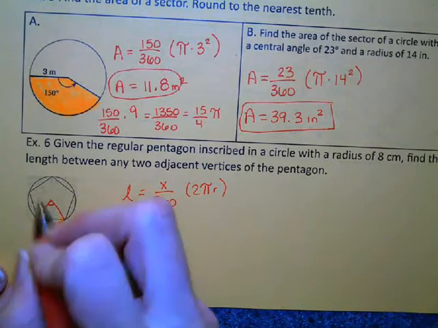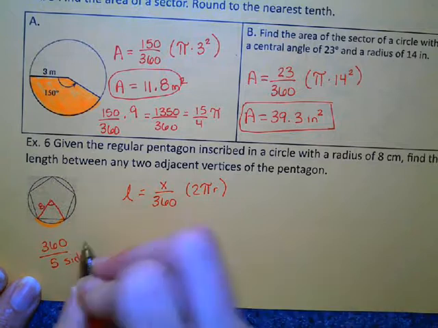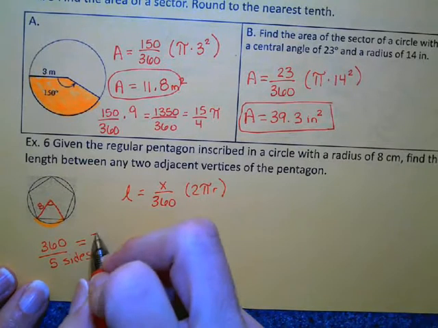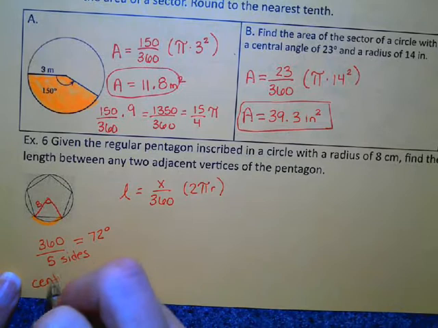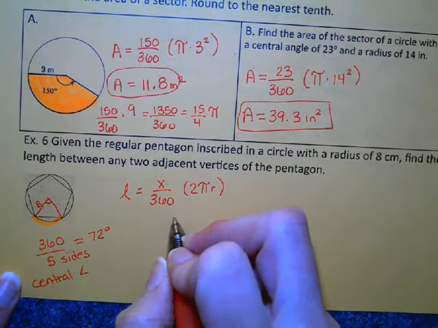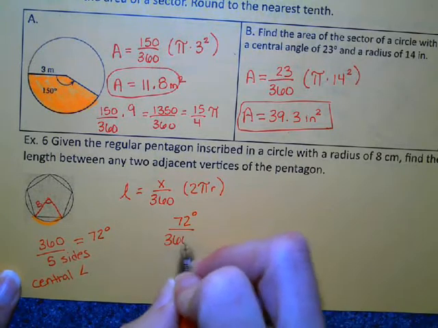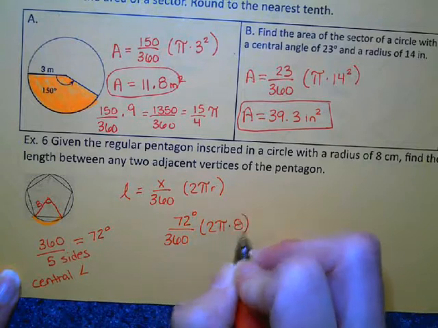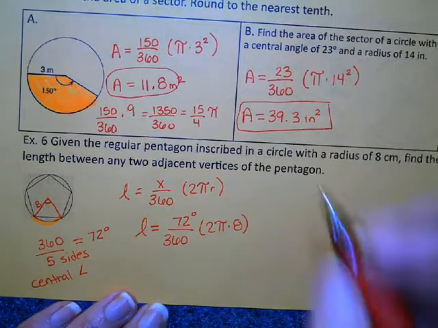So to figure out the degrees, that central angle, you take 360 divided by 5, because there are 5 sides, or 5 triangles formed, equals 72 degrees. That is your central angle. So we'll do 72 degrees out of 360 times 2 pi times 8.